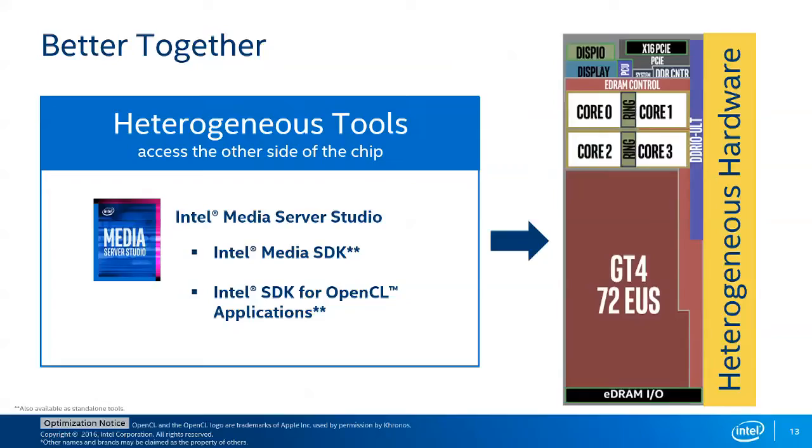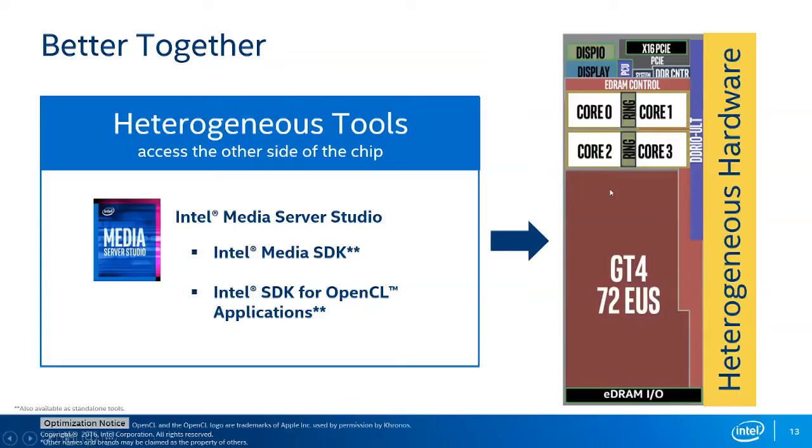So as we covered in the previous section, the capabilities of that hardware can be pretty significant. If you look here at that 72 EU, that GT4 configuration, it can be a pretty significant part of the overall architecture, the overall real estate of the chip, and certainly a lot of the total transistor count.